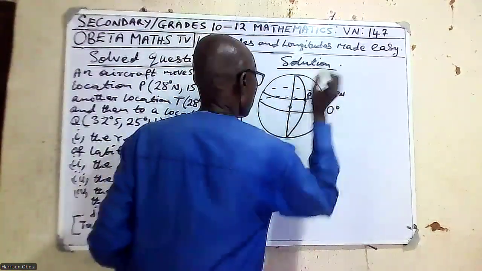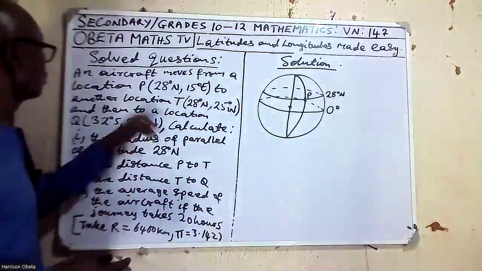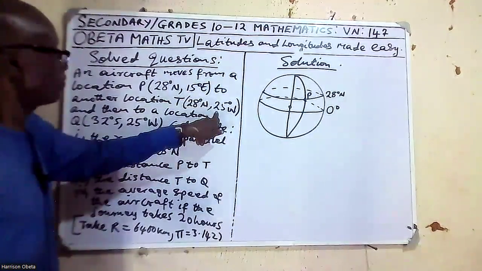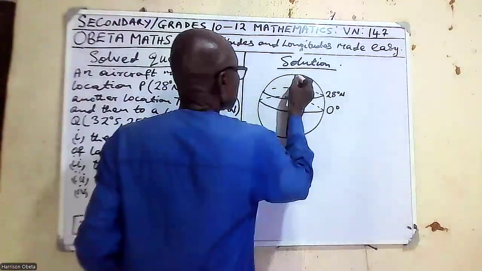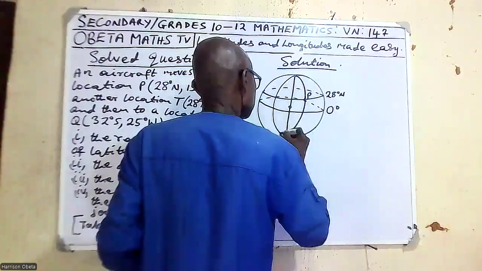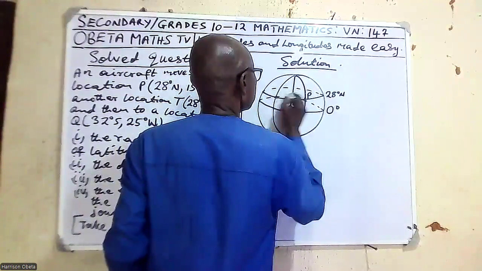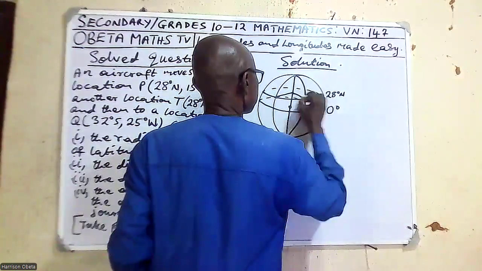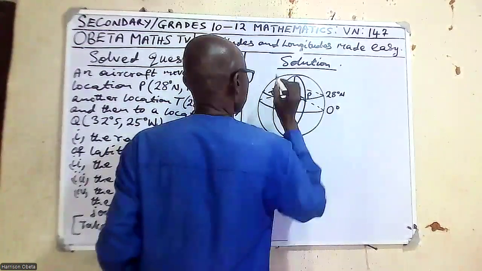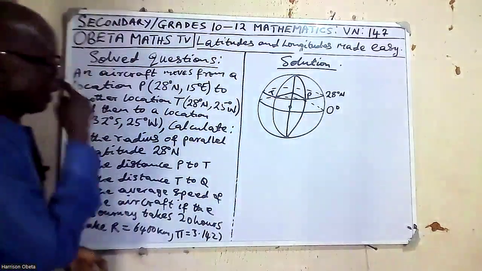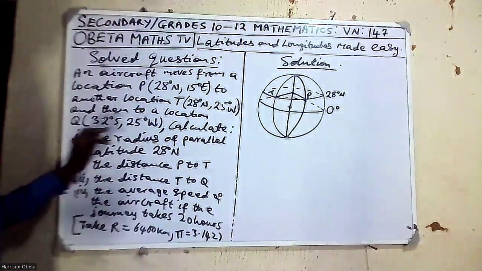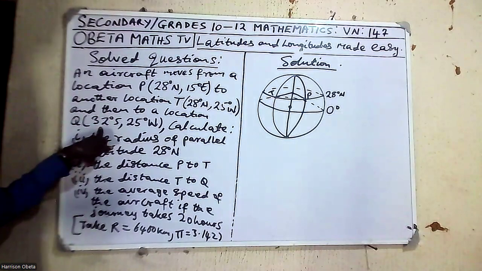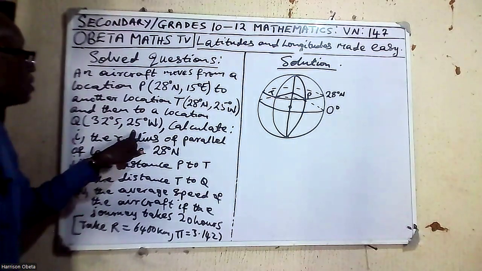So we are taking this to be our P, and then to another point T, the same 28 but 25 degrees west. So this is our T. And then finally, from T, we have another point Q, 32 degrees south, and then 25 degrees west.